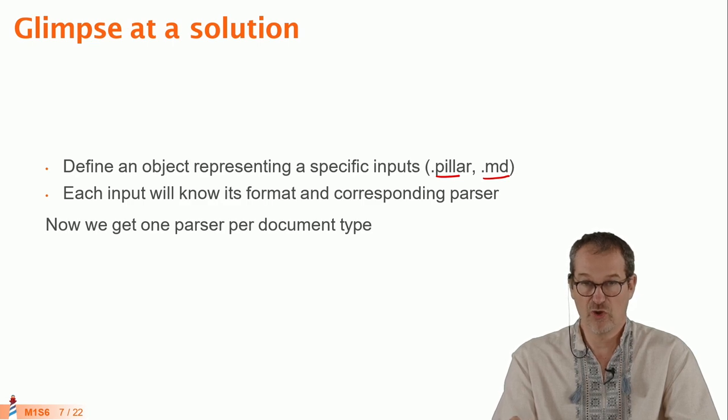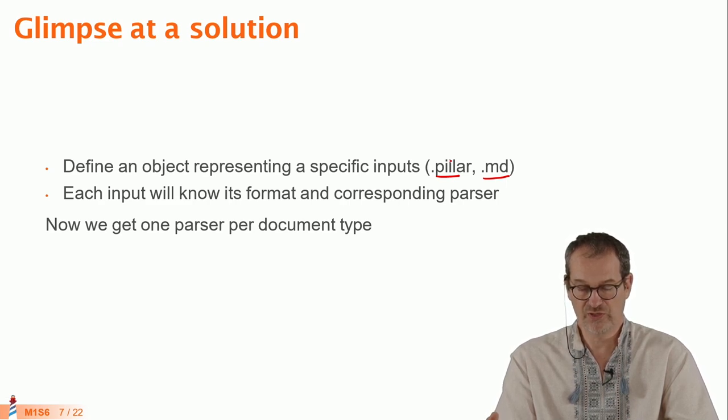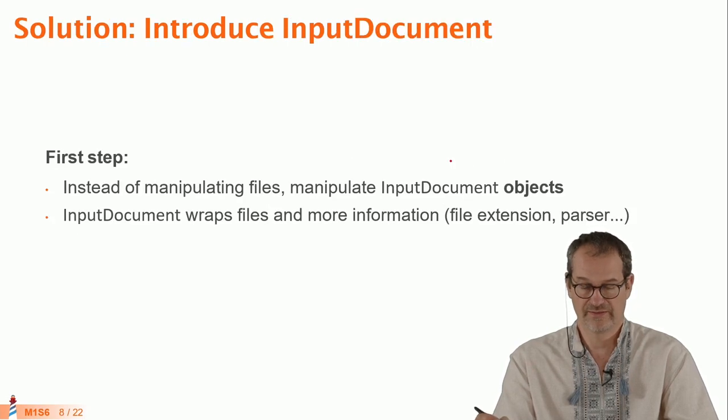And this object will know, oh, this is a .pillar file that I should read, so in that case I should invoke the correct parser. So we will reify: create an object that has the responsibility to represent what an input is. Each input will know its format and all kinds of things like the parser. And then we will get one parser per input format.